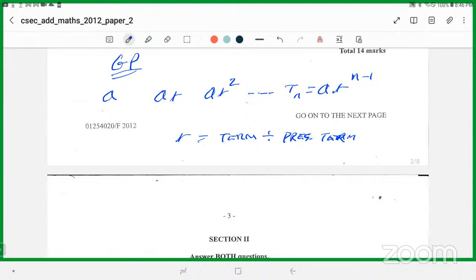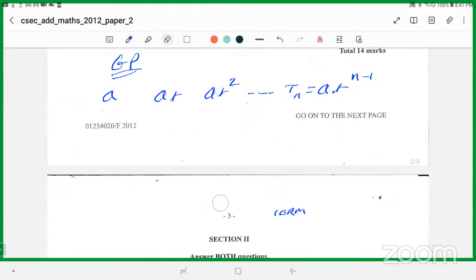That's how I get the ratio. So for example, the ratio equals the 10th term divided by the 9th term. Which makes sense, because remember, you have to multiply the 9th term by the R to get the 10th term. So a term divided by the preceding term gives you that common ratio.